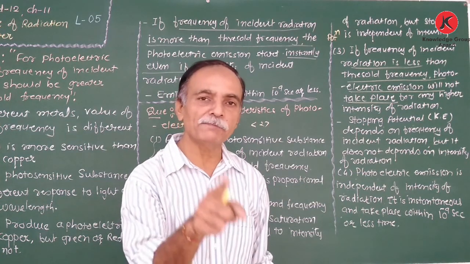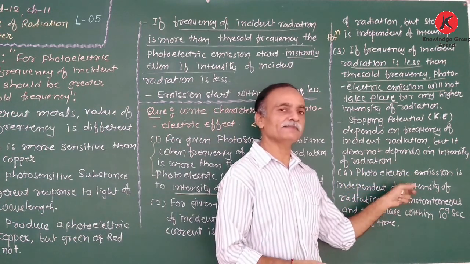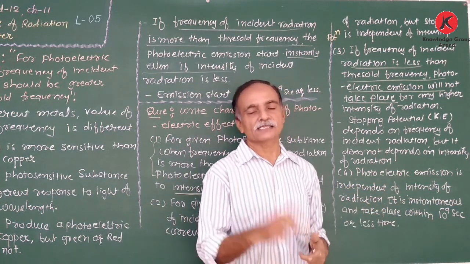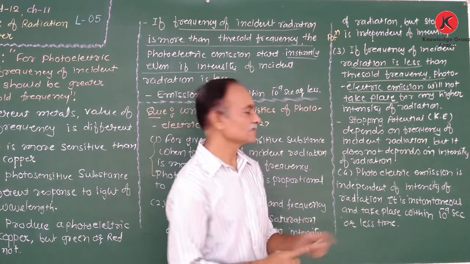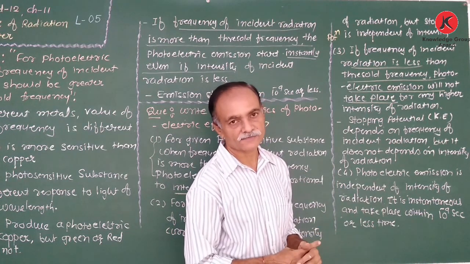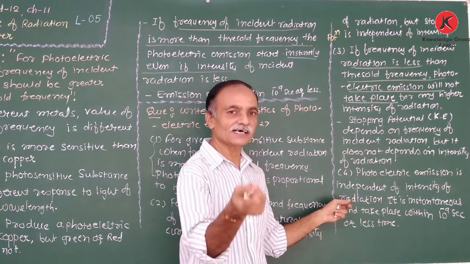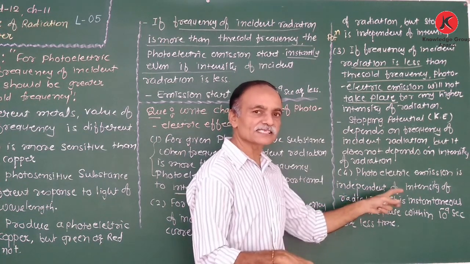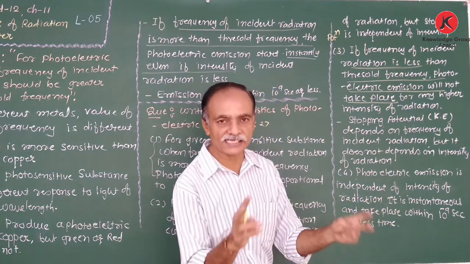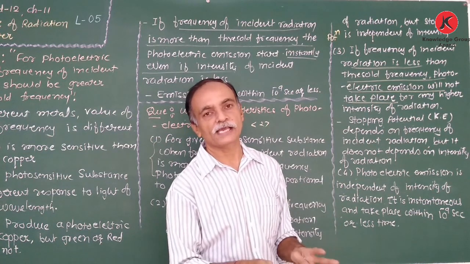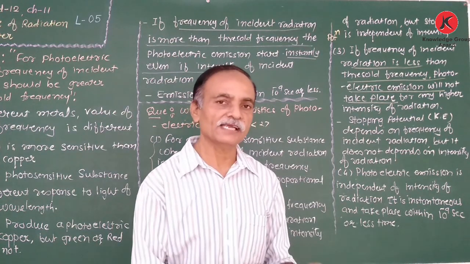It only depends on the frequency of incident radiation, and the condition is that if f is greater than f0, that means the frequency of incident radiation is more than the threshold frequency, photoelectric emission starts. So it does not depend on intensity of light. As the radiation has frequencies more than the threshold frequency, within 10⁻⁹ second or less interval of time, the photoelectrons start to emit from the metallic surface.